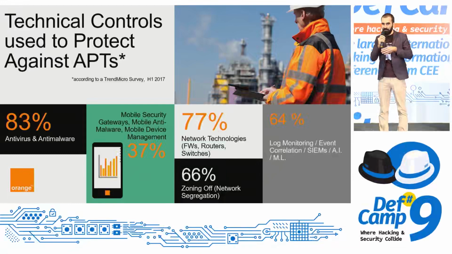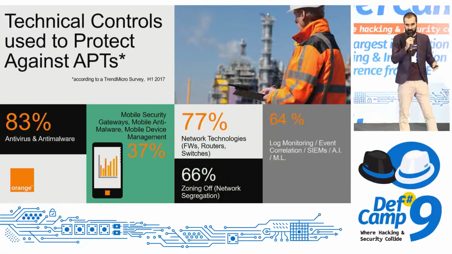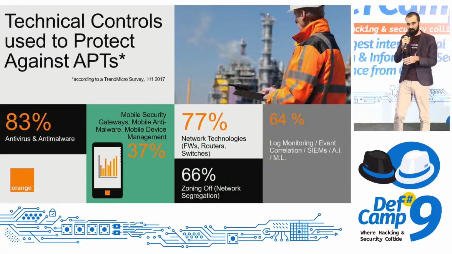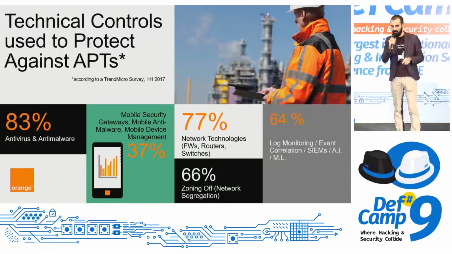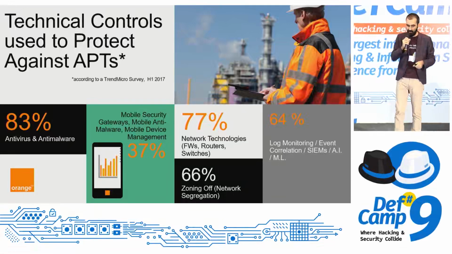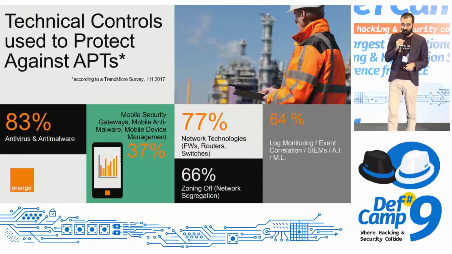Nobody has a catch-all answer, like, you should use this solution, this technology from this vendor, or you should use this method in order to be safe, or at least be at a reasonable level of safety against such complex threats. Some are using antivirus and anti-malware specifically to protect against APTs.